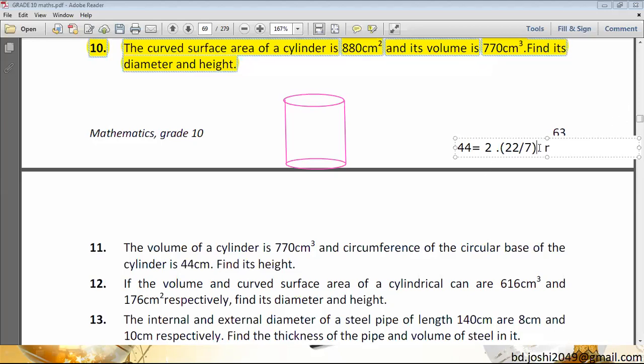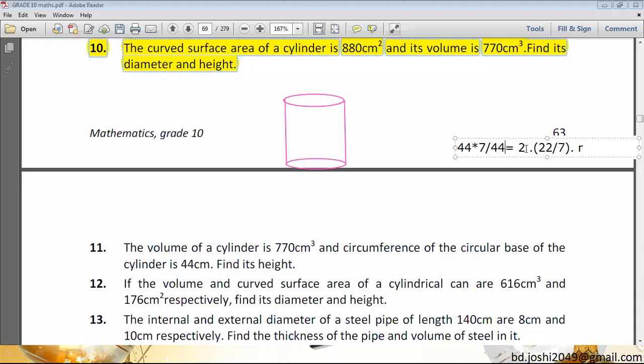Then can you get the value of r from it? Yes, sir, but it's not matching the answer, sir. Okay, let me do it here. Take 7 and 44 to this side, into 7 divided by 44. 2 into 22 it becomes 44.